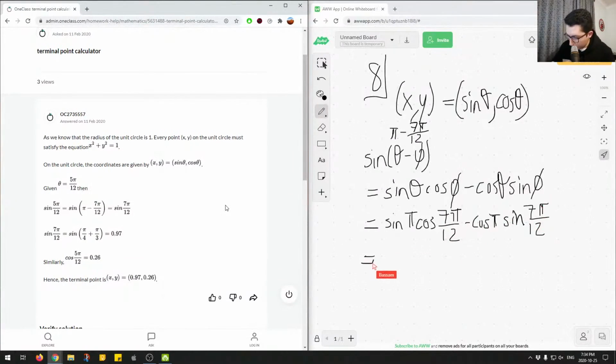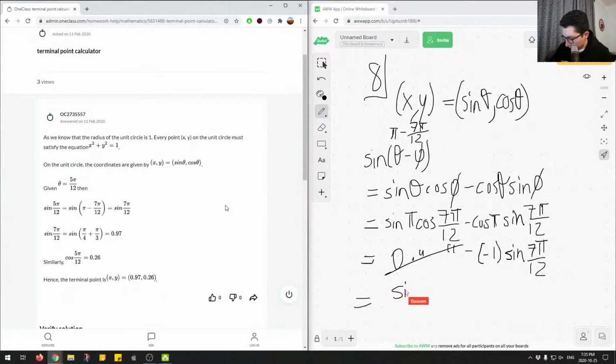Then you end up with 0 times cos 7 pi divided by 12, so this is just 0, and then we have minus cos pi, which is just negative 1, times sine 7 pi divided by 12. So we know this cancels out, and we're left with just sine 7 pi divided by 12.